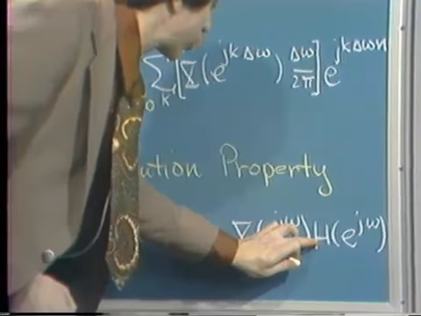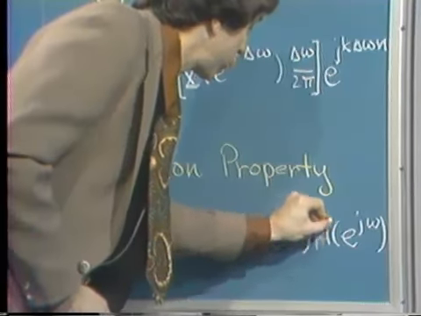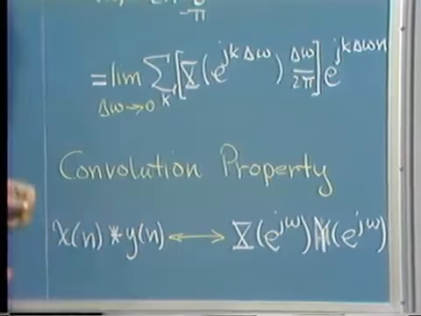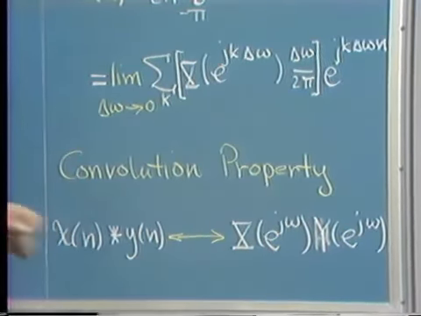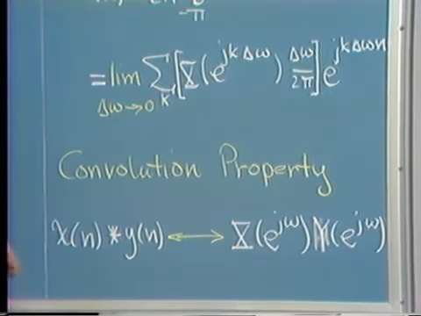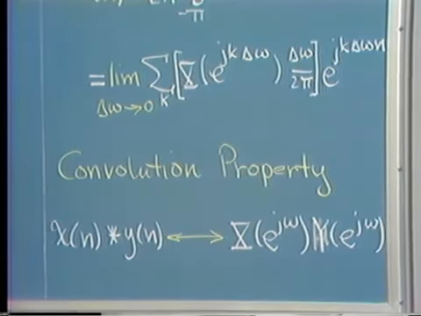And this, of course, shouldn't be a y, it should be an h. The important property is that the convolution of two sequences has as its Fourier transform the product of the Fourier transforms.